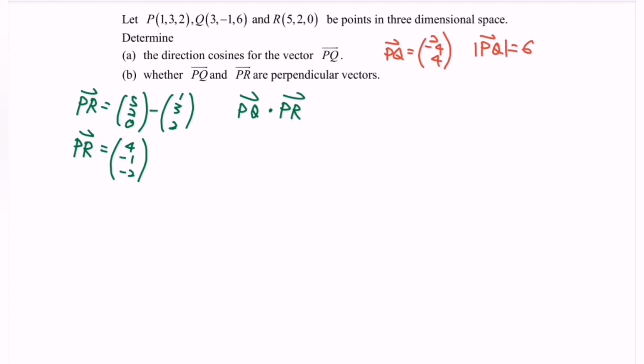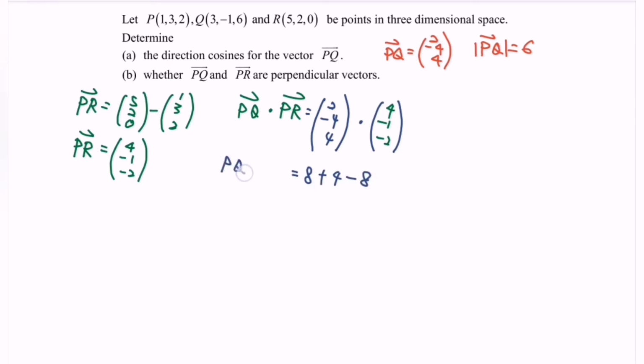So now we have the vector PQ which is 2, -4 and 4, dot the vector PR where we have 4, -1, -2. So kindly dot: we have 8 plus 4 minus 8. So the vector PQ dot with the vector PR is equal to 4.